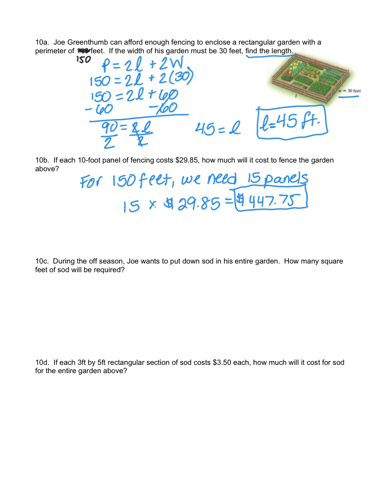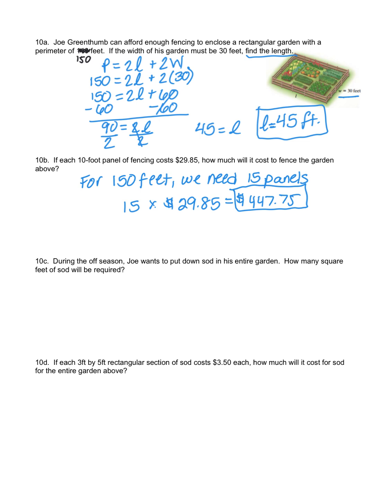By the way, right above, it would cost $447.75 to do the fencing for the perimeter of this garden. Now 10C says during the off season, Joe wants to put sod in his entire garden. How many square feet of sod would be required?